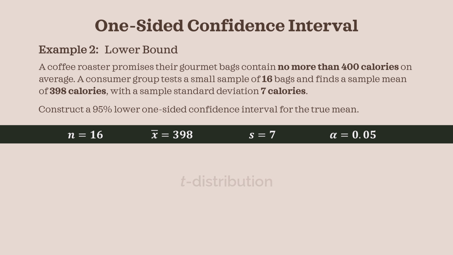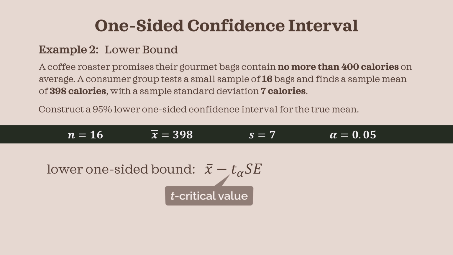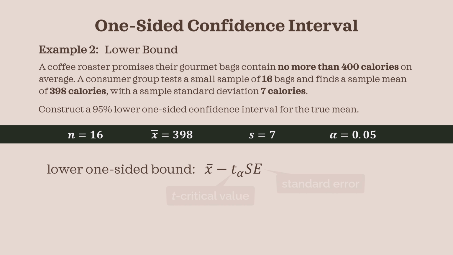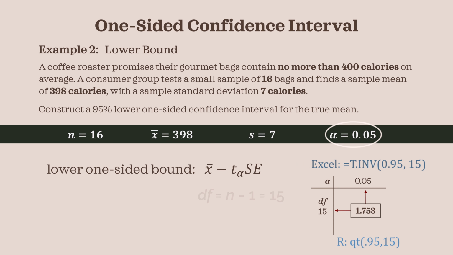The formula for the lower one-sided bound is X bar minus the critical t value times the standard error. For one sample mean inference, the degrees of freedom for the t critical value is n minus 1, which equals 15. Using the t-tables or software, for 95% one-sided with df equals 15, the t critical value is 1.753.